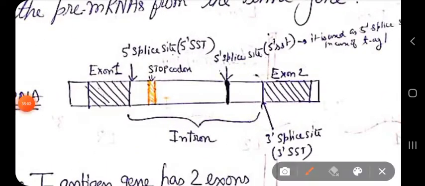That simply means to make a small t antigen gene, they will use this as a 5' splice site, and they will use this as a 3' splice site. So this intron will remain. This intron will be remaining in the mRNA. So this is the exon, suppose exon 1.